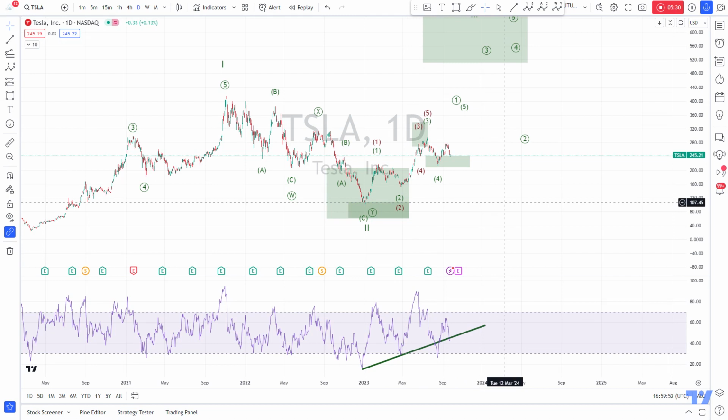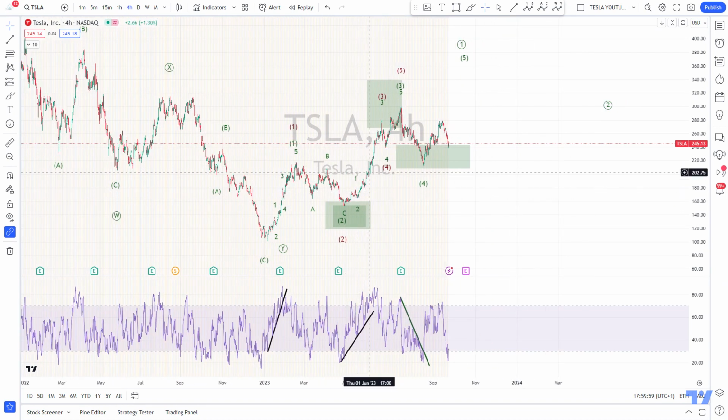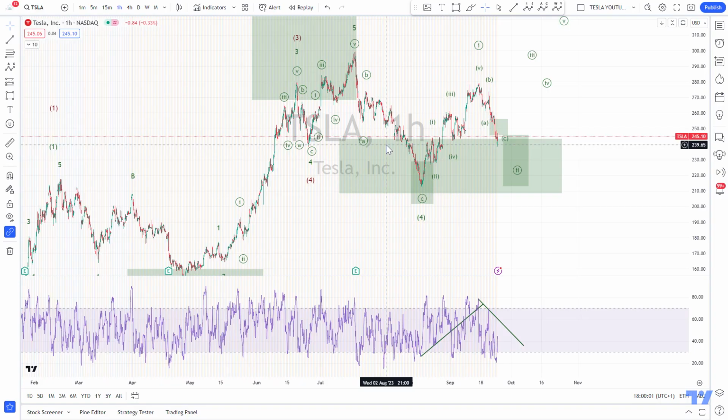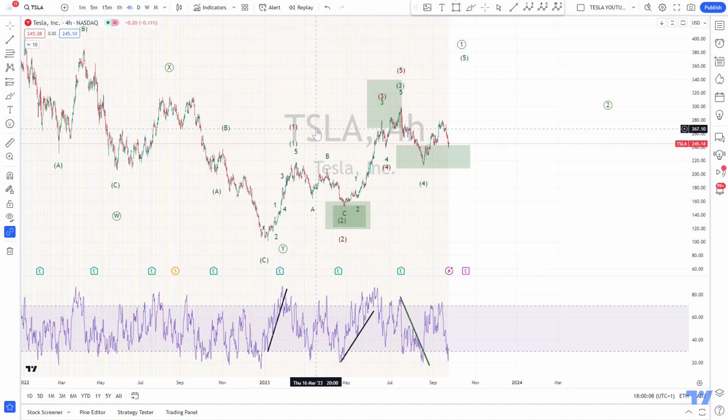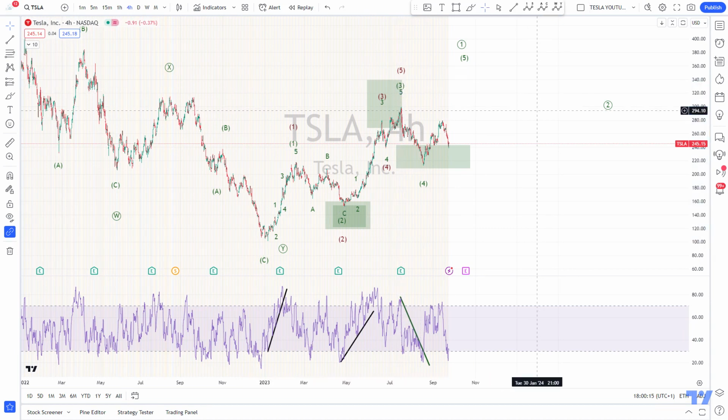Like on the 4 hour, if we would zoom in even to the 1 hour, this structure is definitely a 3 and a 4, as you can see. But of this degree, not of the higher degree, in my opinion. So therefore, the secondary scenario can play out, but I make it the secondary one because I have more confidence here in the primary one.